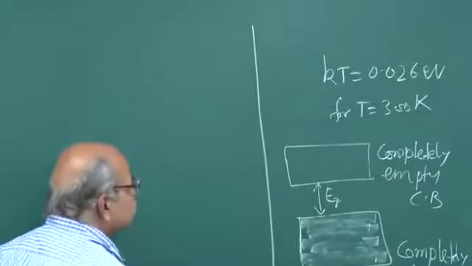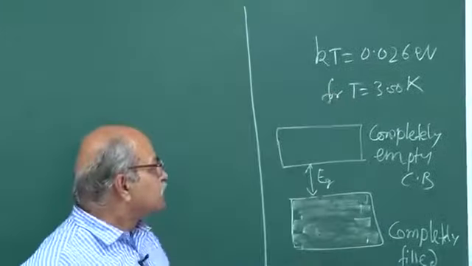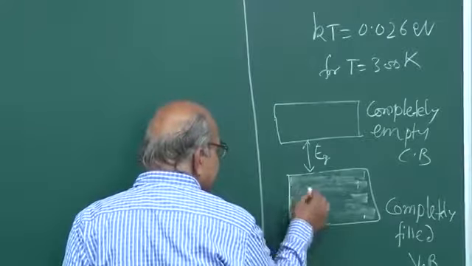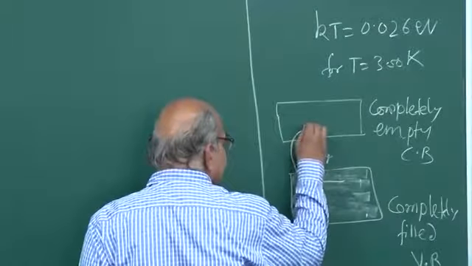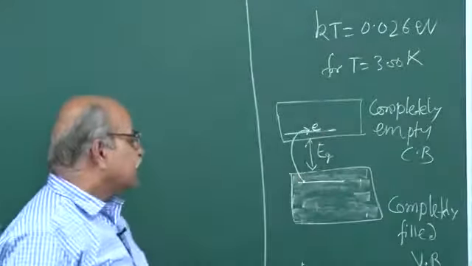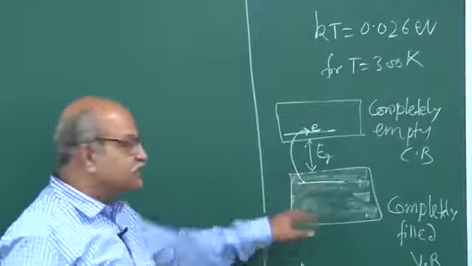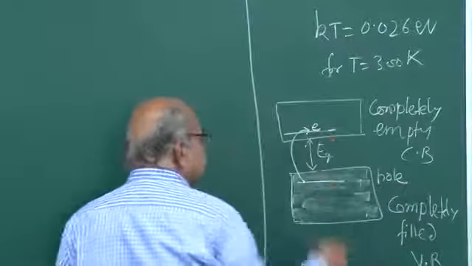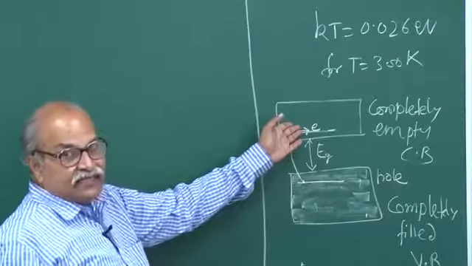Then at elevated, higher temperatures, your electrons in the valence band may receive energy from thermal interactions with the lattice and go into the conduction band. In that case, one quantum state here becomes empty, which we call a hole, and one quantum state in the conduction band becomes populated.